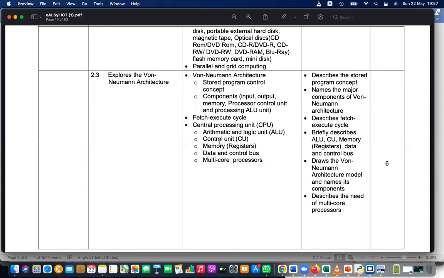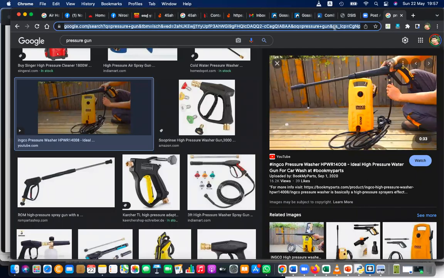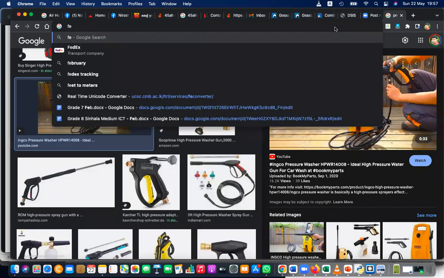Okay, let's quickly go through the fetch cycle and understand how these components work together. The fetch cycle means how instructions are executed. Let me use an animation to explain that.